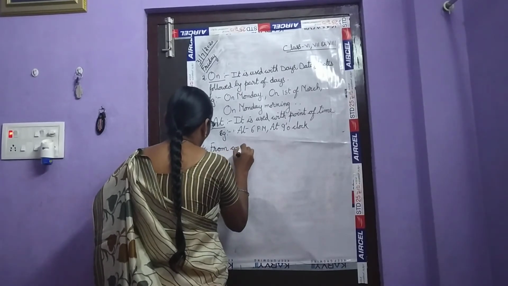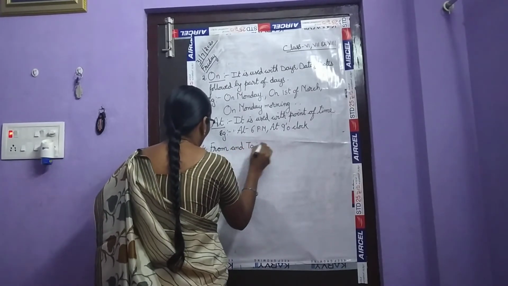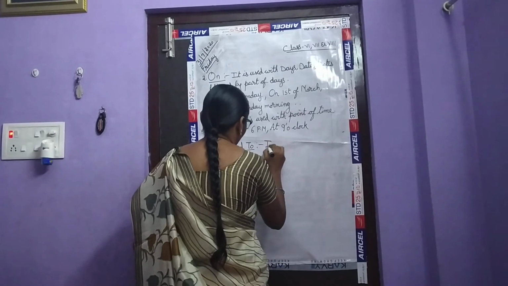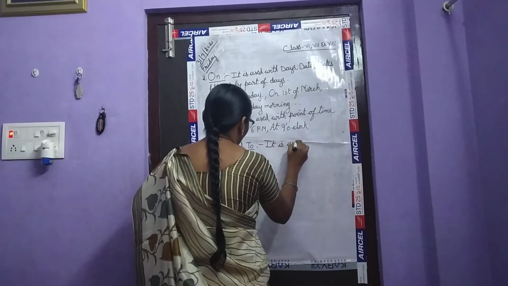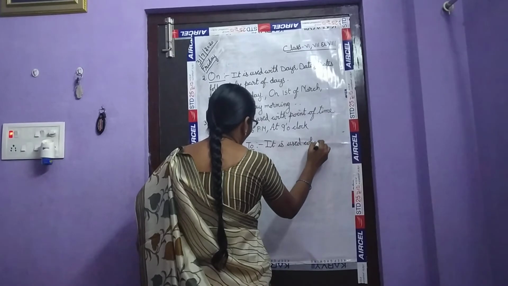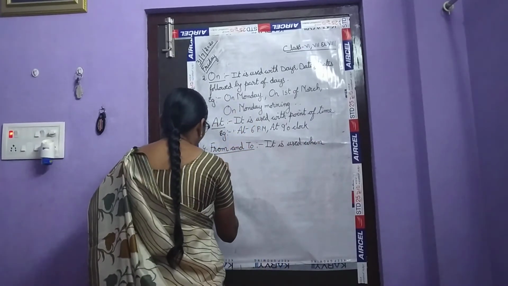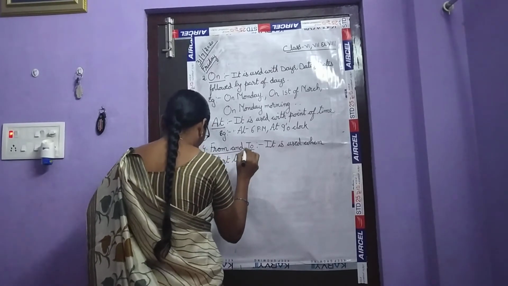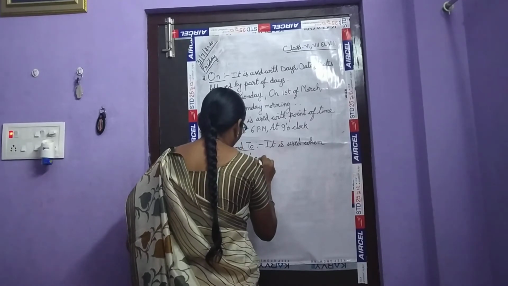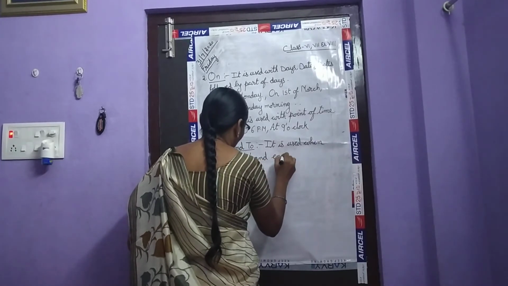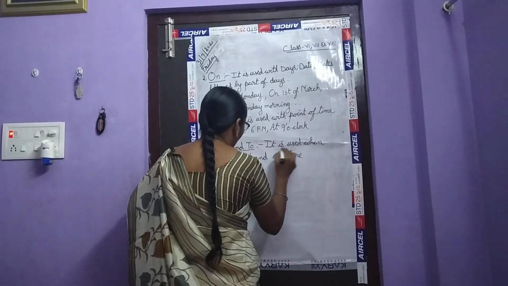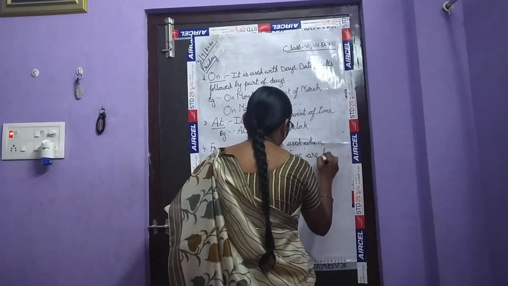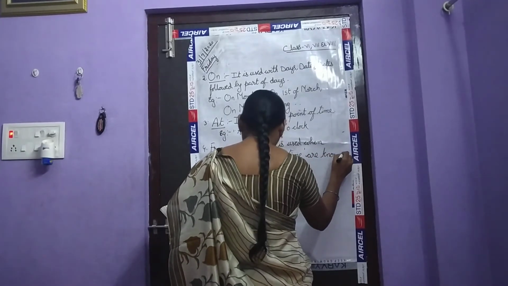And going to the next one: from and to. What are from and to, children? It is used when the start time and end time are known.